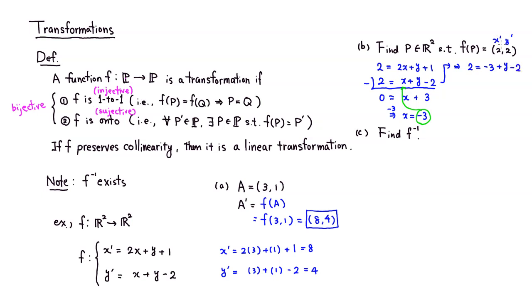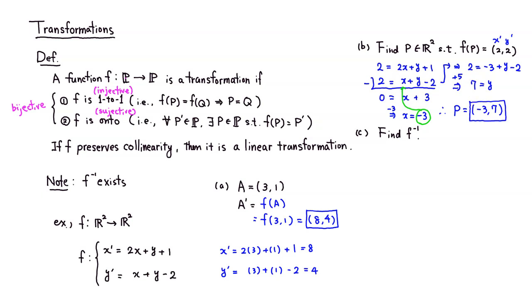There's a negative 5 there, so I'm going to add 5 to both sides. So 7 is equal to y. Therefore, P is going to be: the x-coordinate is negative 3, and the y-coordinate is 7. So those are the coordinates of the point P.